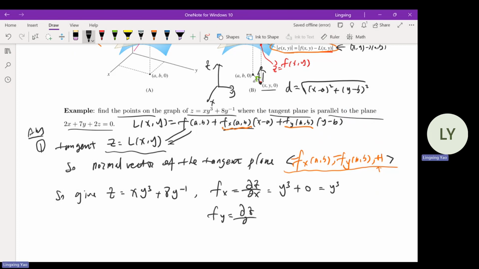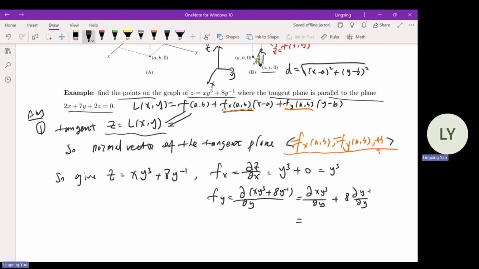And how about the partial f partial y? The partial z partial y, and z is xy cubed plus 8 times y to the -1. So this is partial of xy cubed with respect to y plus 8 times partial of y to the -1 with respect to y.